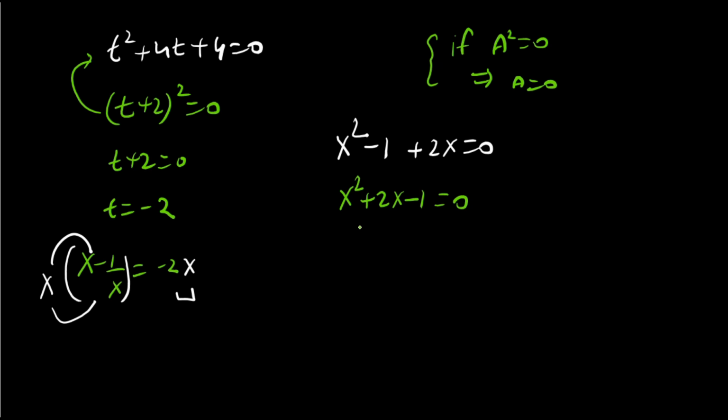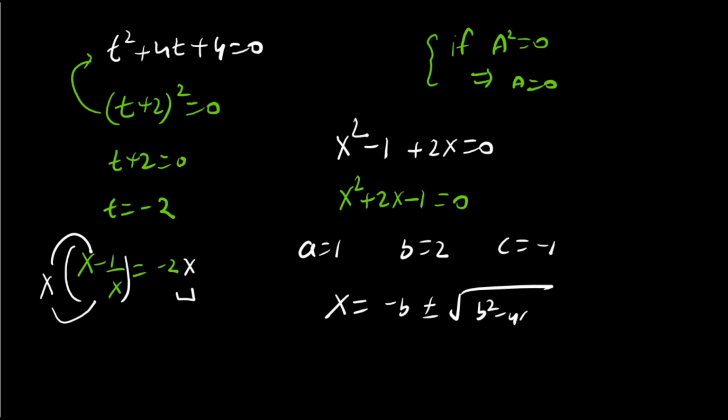Here this is a quadratic equation and we will find the value of x by using the quadratic formula. Here the value of a is 1, the value of b is 2 and the value of c is minus 1. We know the quadratic formula is x equals minus b plus or minus square root of b² − 4ac, divided by 2a.